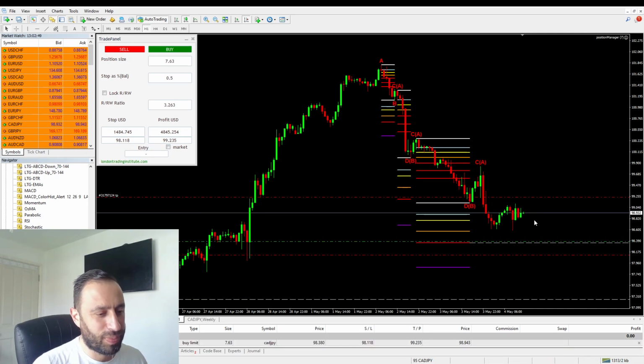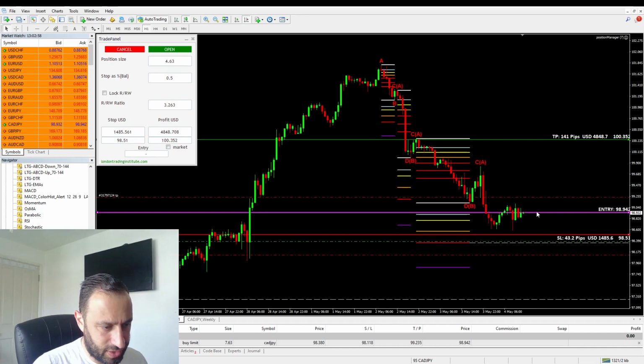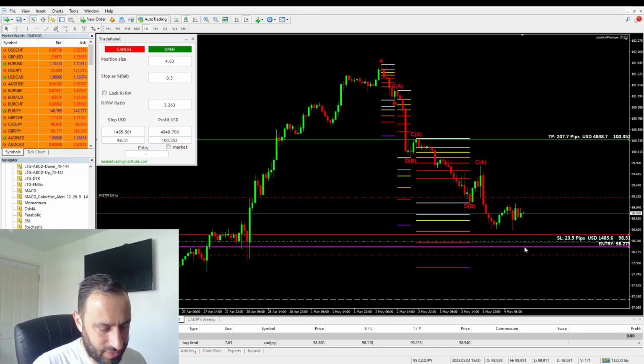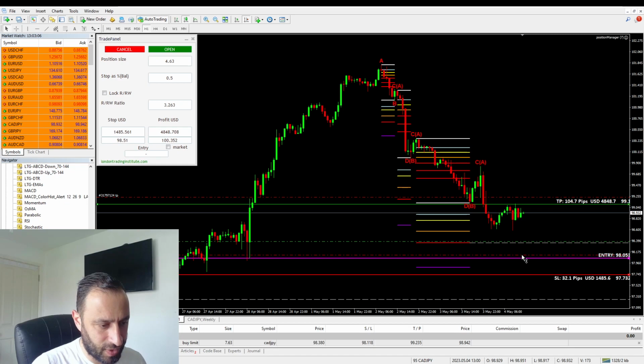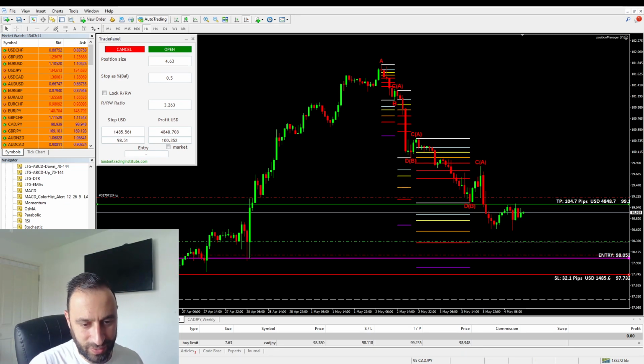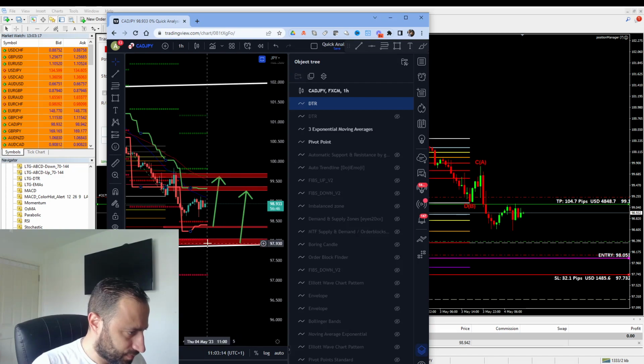Now, I want to place 2 more entries. I'm going to start with the next entry, which is 98.04.05 to take into account the spread. So this one would get stopped out, and then I'd be looking for a second entry. Now, I'm just going to look at my chart and identify where the stop is.